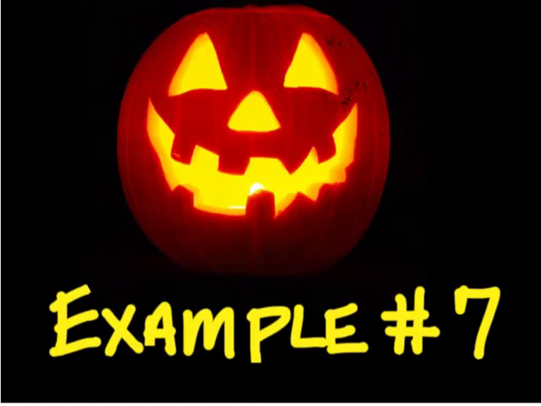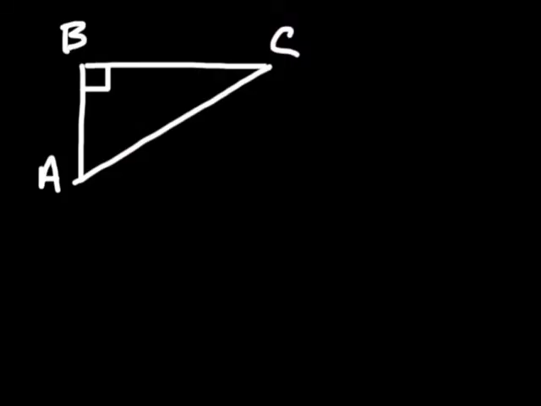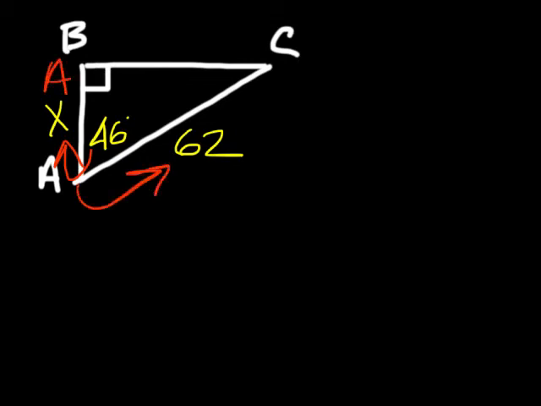Example 7, and then after this example it'll be it. For this one, it's the same thing as the other two functions, but in this case you have 46 degrees. You don't know this, but you do know this. And when you label the triangle off, this side is what? Adjacent. And what is this side? Hypotenuse.